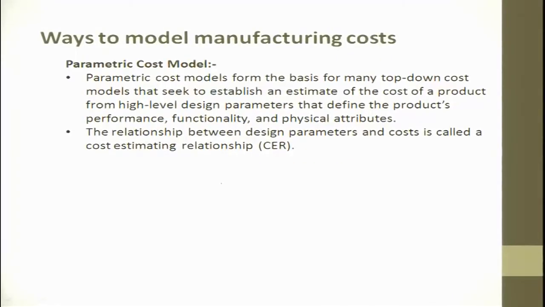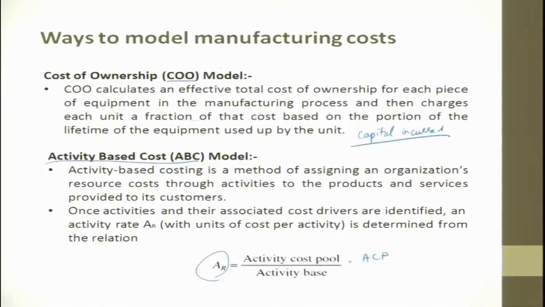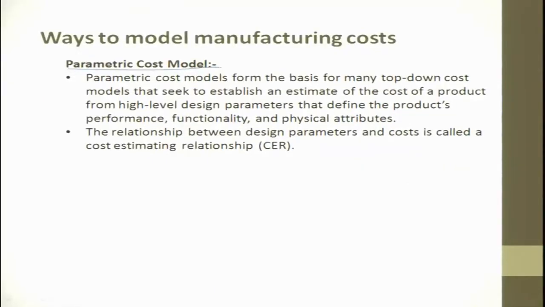The last one is called parametric cost modeling. So we have seen two models, cost of ownership model and activity based cost model, then we have the parametric cost model.